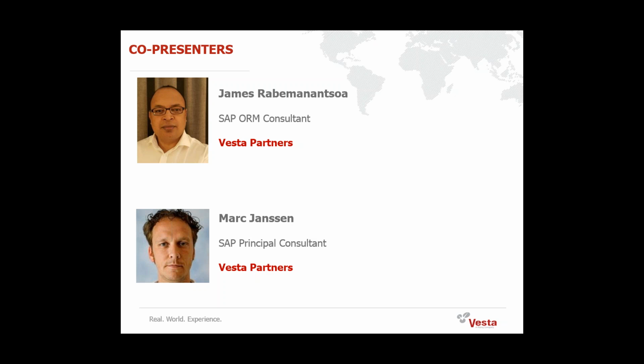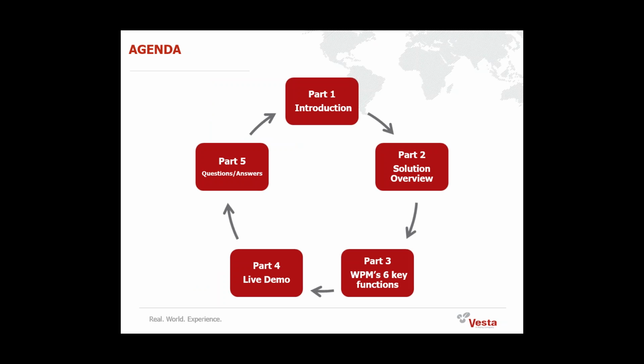Thanks, Mark. Okay, so let's go. Here is our agenda for today. We start with part one, a smart introduction. Then we go to part two, where we will see the solution overview.